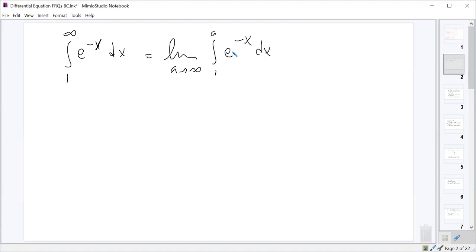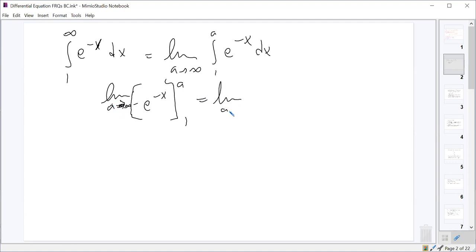But the integral of e to the negative x is just negative e to the negative x. So we've got negative e to the negative x. I should probably write my limit, from 1 to a.